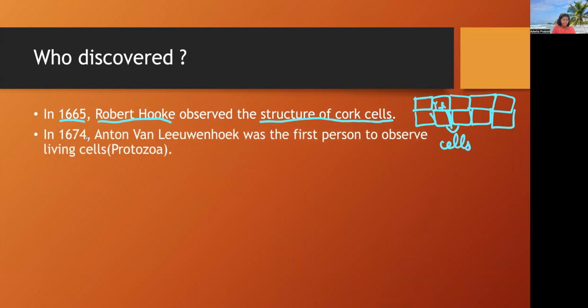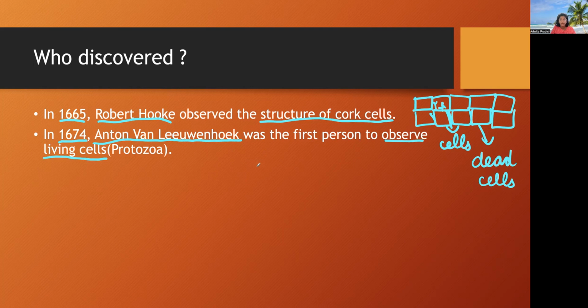In the year 1674, a scientist named Anton van Leeuwenhoek observed the first living cells. So this means that cork cells were dead cells as we know it, and Anton van Leeuwenhoek is the first person to observe the living cells, functions, and everything that it is doing to live.